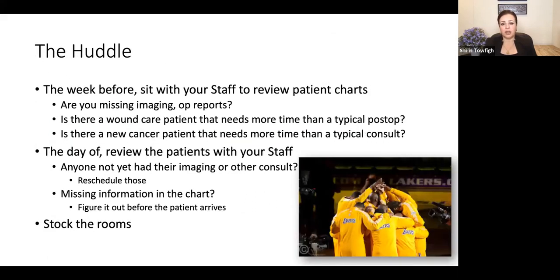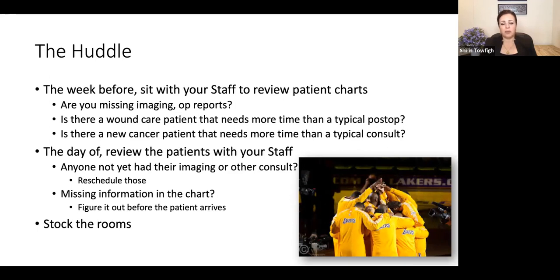The huddle is a good idea, especially if you have complicated patients, let's say like a bariatric office or a surgical oncologic office. So the system is the week before you sit with your staff to review the patient charts and then look at what you're missing. Do you need imaging or operative reports that you don't have, or a consult from someone that needs to be faxed over? Take care of that.